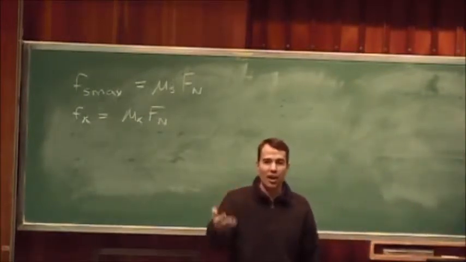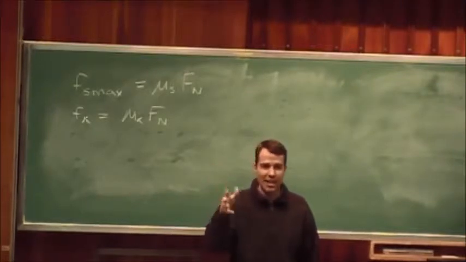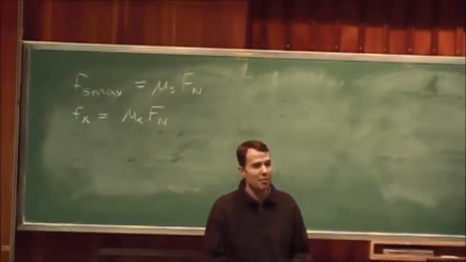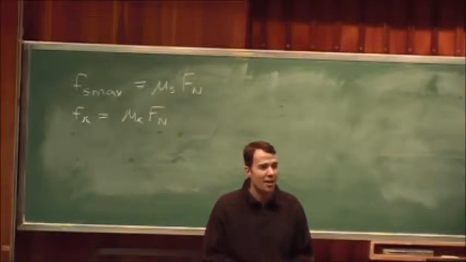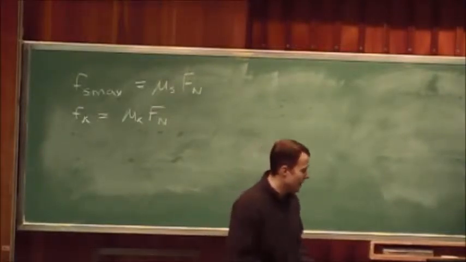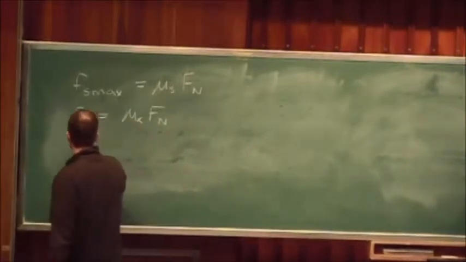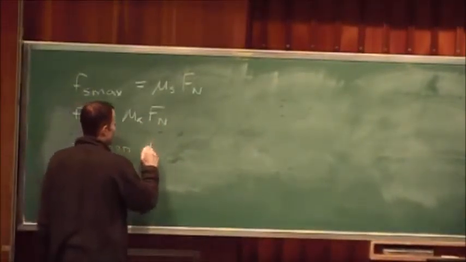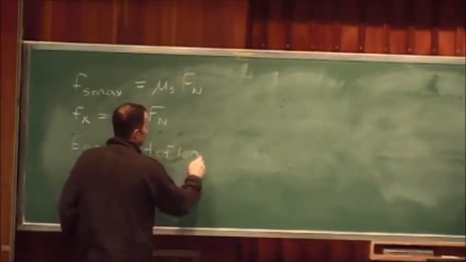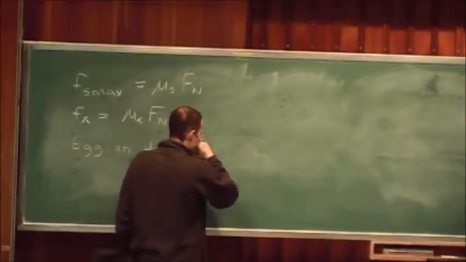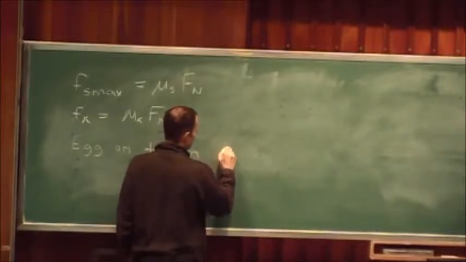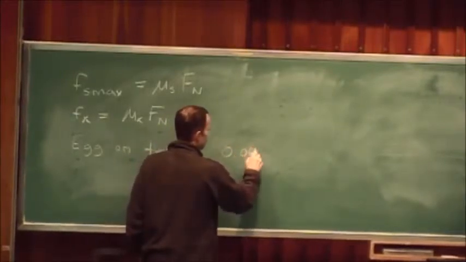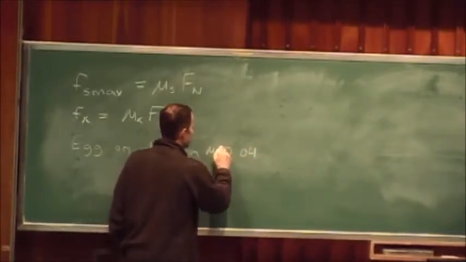Would you want a large coefficient of static friction for your egg on a Teflon pan? No. What do you expect it's going to be? Small. Turns out that an egg on Teflon is I think about 0.04, and this is mu s. Okay.